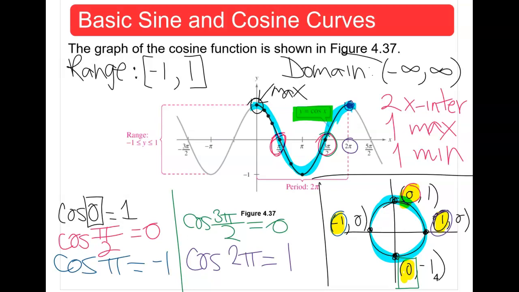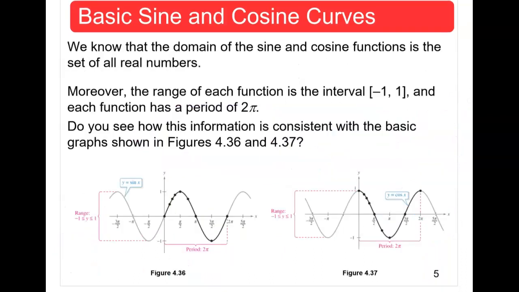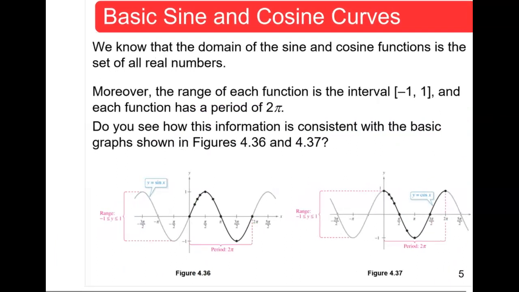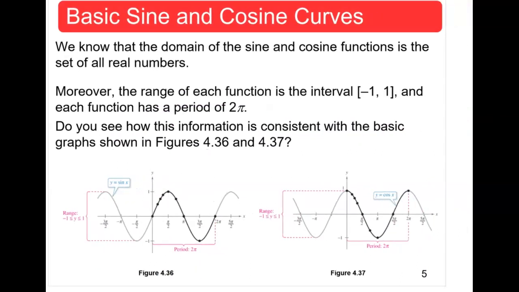But it's important to mention again that since the domain is all real numbers, we do have arrows at the end because the function keeps going and going. I have said it several times, the domain of the sine and cosine functions is the set of all real numbers.